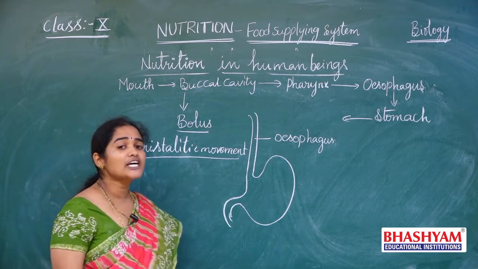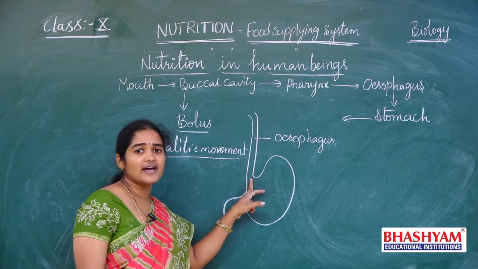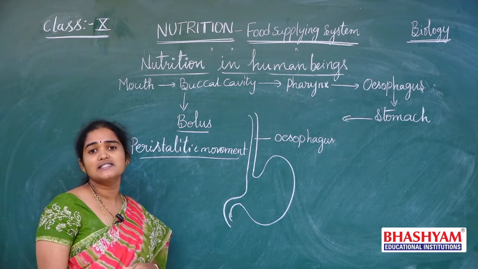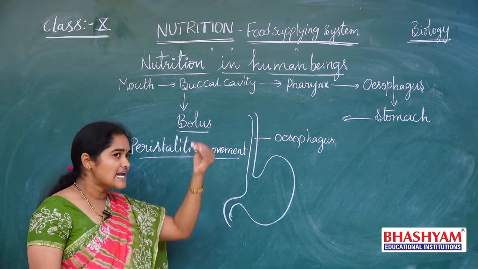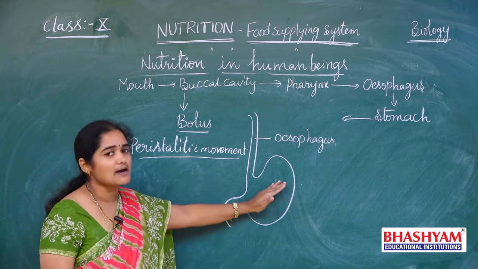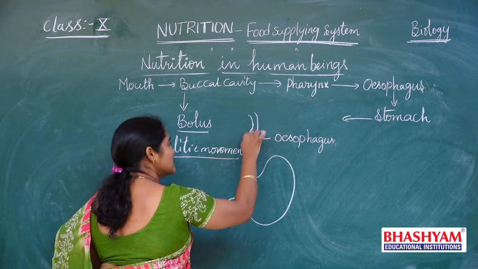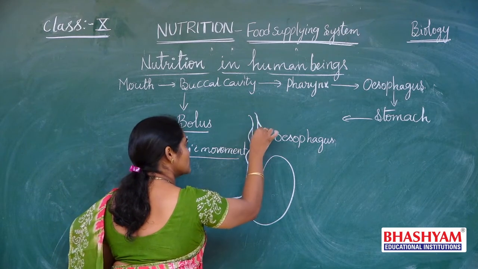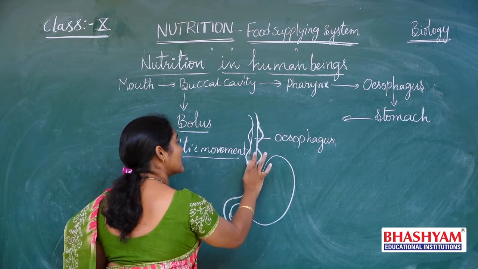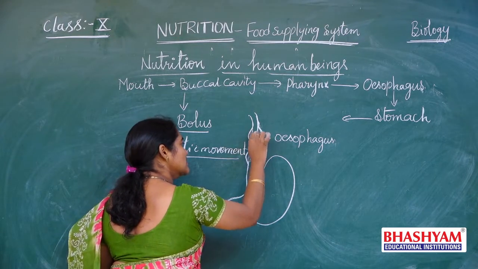A wave-like movement which is seen in the muscles of the esophagus. So why is this wave-like movement produced in the muscles? To send the food from the pharynx to the stomach. Understand? So some muscles will contract and some muscles will relax to push the food materials to the stomach.